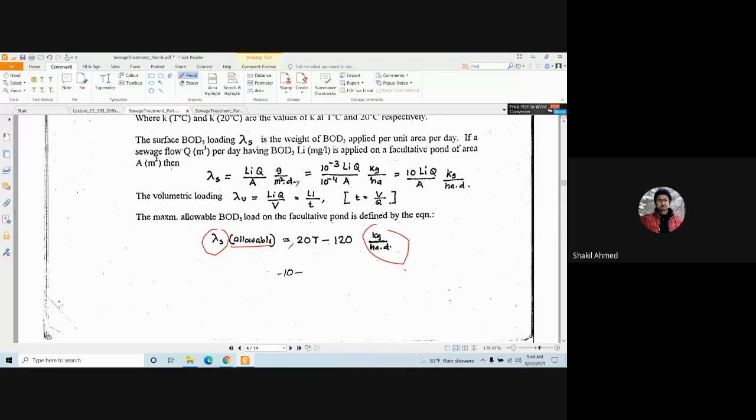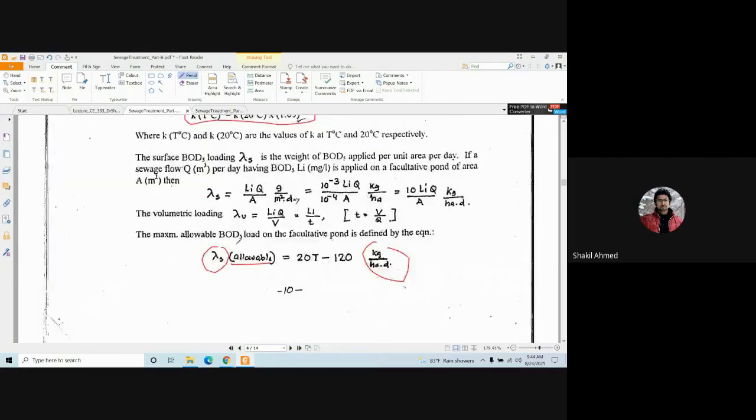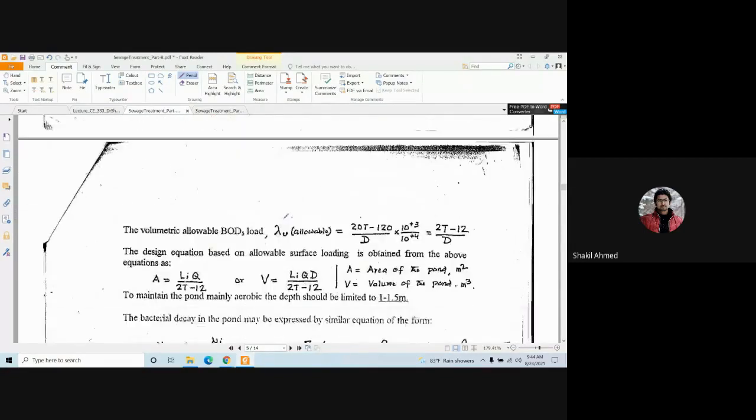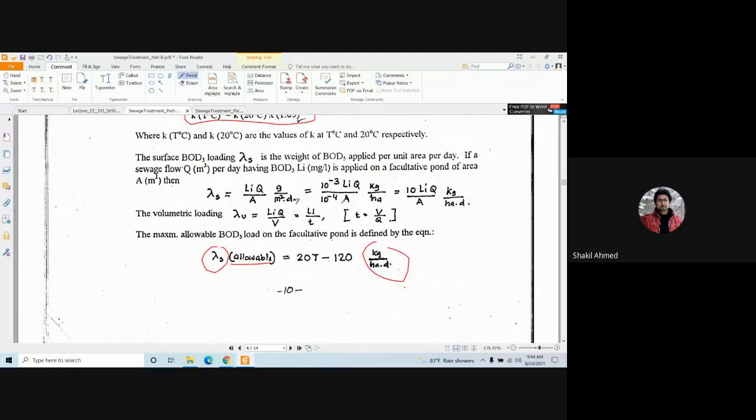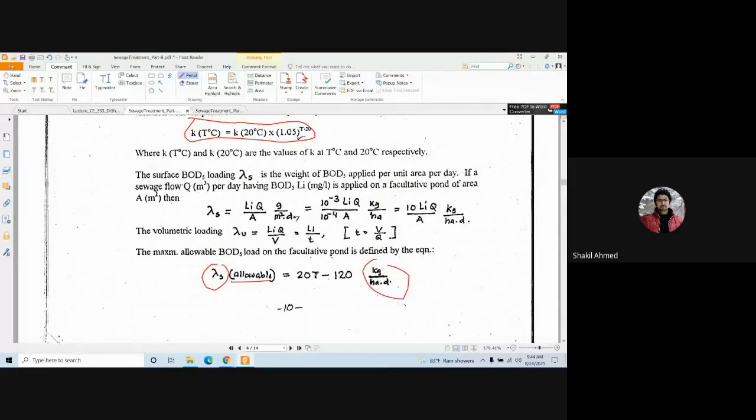You cannot put more load on the facultative pond. Clear? This lambda is the allowable load. By the way, what is T? T is actually the temperature in degrees Celsius.